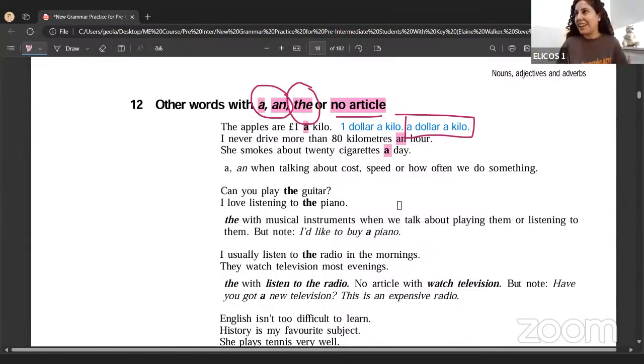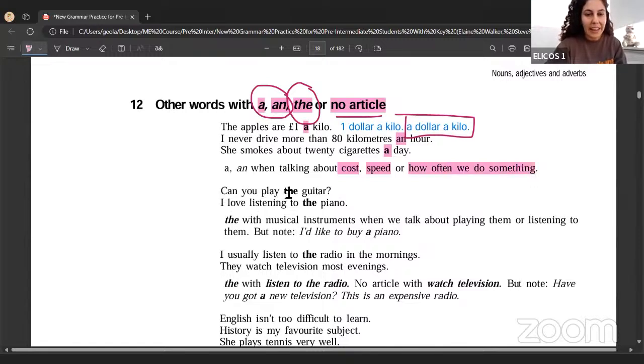I only have a day. So we use a when talking about the price, the cost, how much something costs. So how much are these apples? They're $1 a kilo. Speed, that was there, and how often we do something.